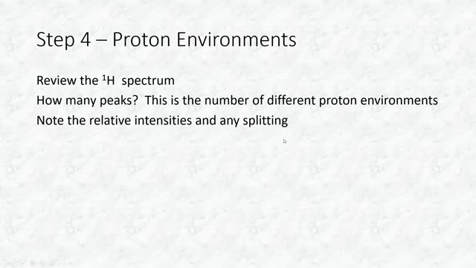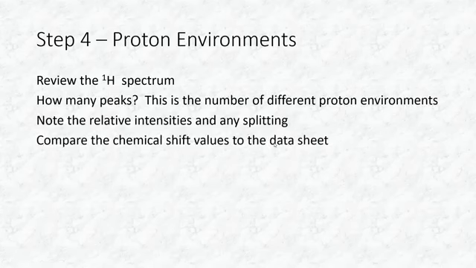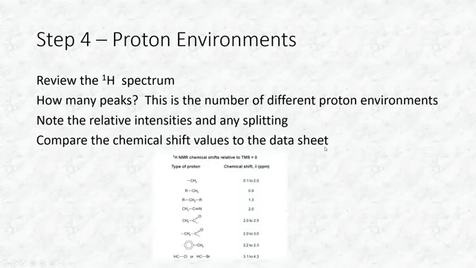Splitting will obviously give us some information about how they relate to each other in position within the molecule. We don't always have splitting information given. We're going to also compare chemical shift values to the data sheet to see if they can give us any information as well. So we'll be looking at the ppm values that we can see for our peaks and trying to relate it to what type of proton we've got.